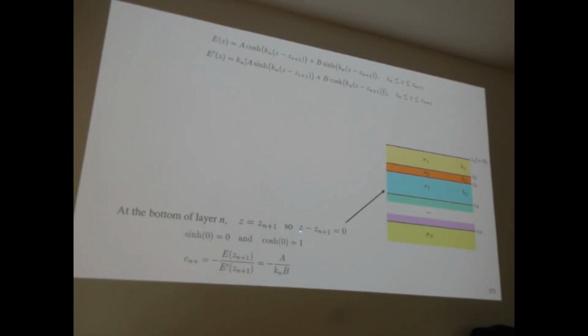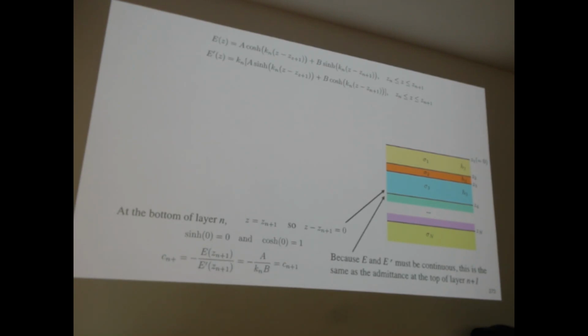At the bottom of the layer, z minus z_{n+1} is 0, because z is at the bottom of the layer. So these differences here will go to 0. Sinh of 0 is 0, and cosh of 0 is 1. So these equations collapse to A over k and B. Okay, so that's simple enough.